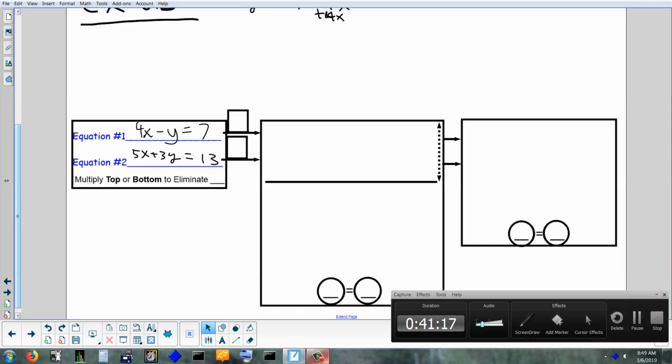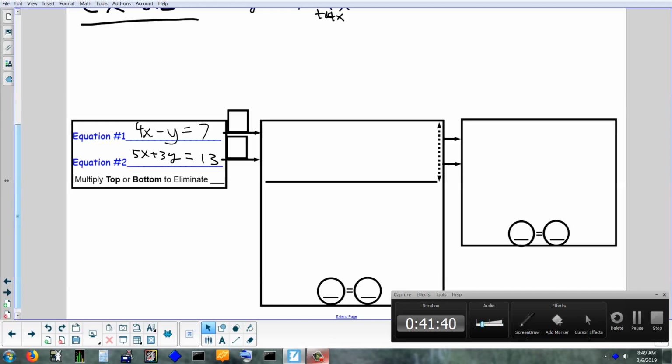I got a 4, I got a 5. They're different numbers. Not going to work. I got a 1 and I got a 3. Different numbers. Not going to work. Situation 2. What's it look like, Nicole? Single positive variable, single in both, meaning x and x on top of each other, y and y on top of each other.